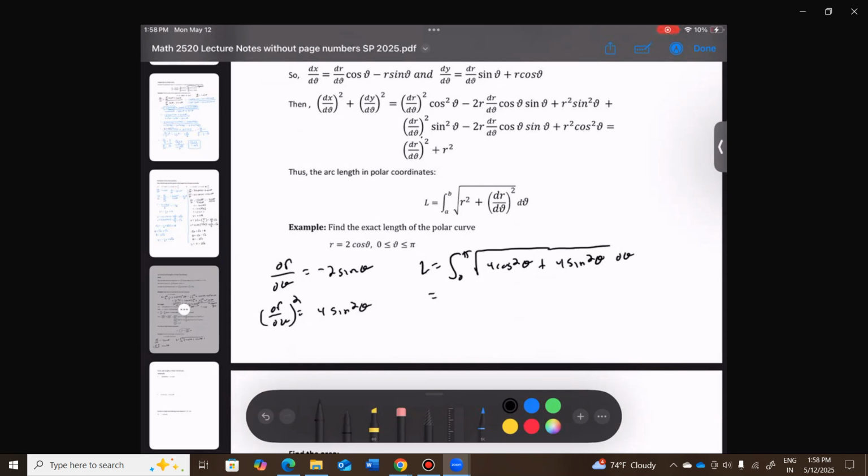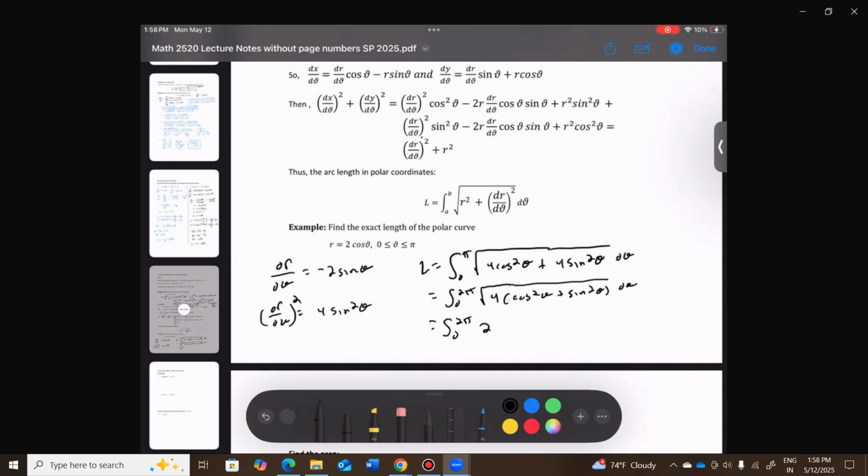And that's going to be equal to the integral of the square root of 4 cosine squared theta plus 4 sine squared theta d theta. Taking the square root of 4 is 2, and cosine squared theta plus sine squared theta is 1.